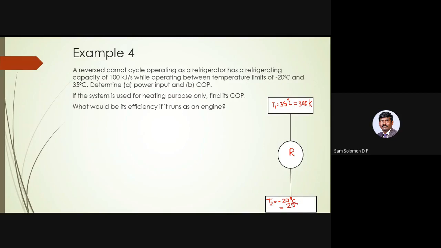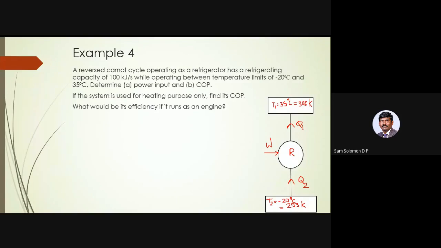Just like you practice the PV diagram in the second unit, here you have to practice the line diagram. So Q2 amount of heat is removed from a low temperature space with the help of work input, and Q1 amount of heat is rejected to the surrounding room or atmosphere.